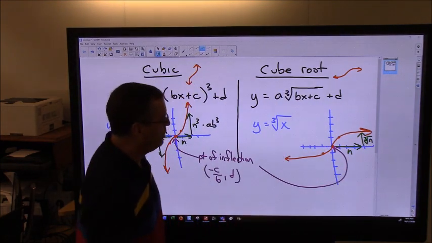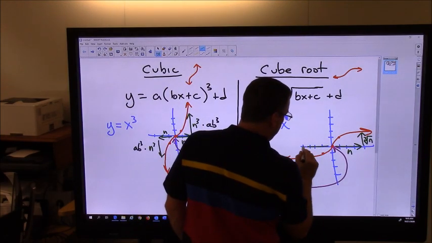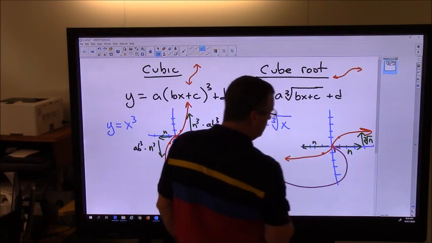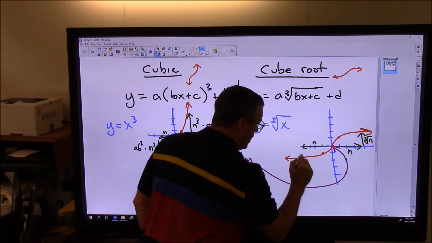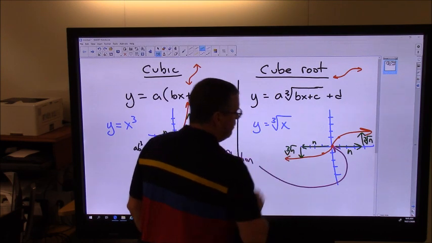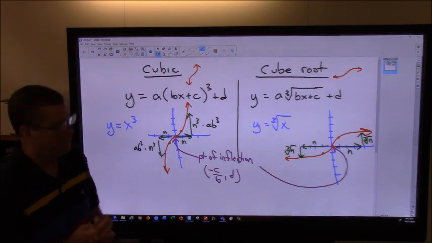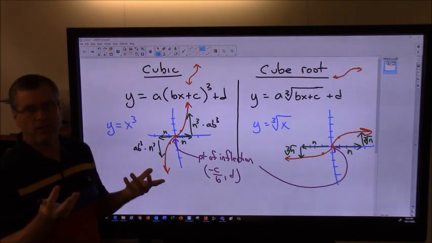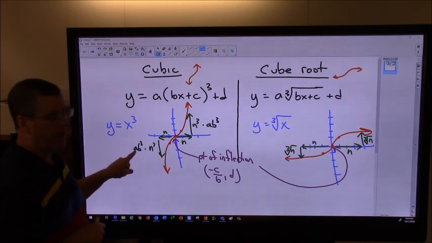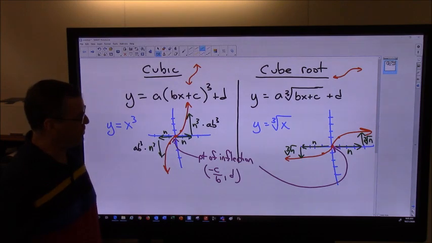The cube root of n. And same thing this direction. However far I go this way, in the negative direction, I'm going to go down the cube root of that distance. Okay, that's what's normal. Now we always have to ask that question, well, how many times more or less than what's normal are we going to stretch this thing?